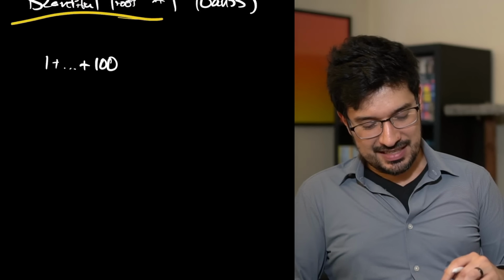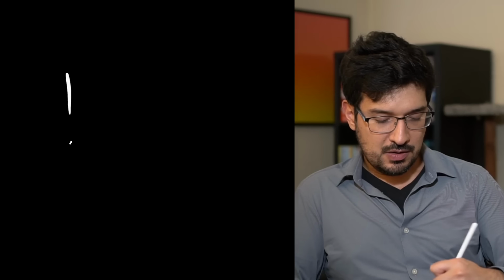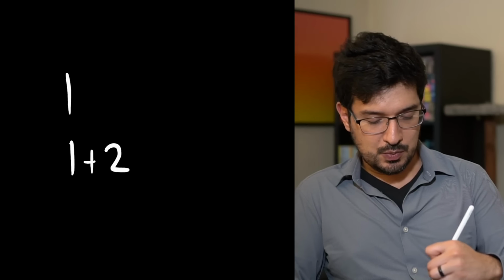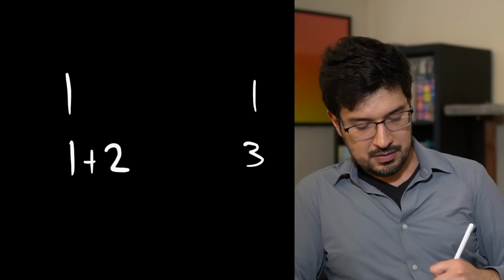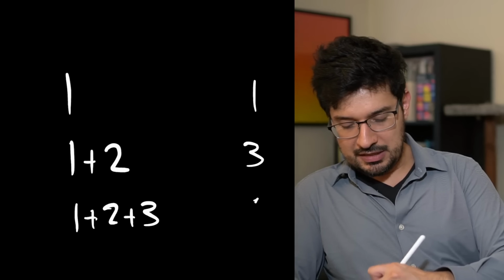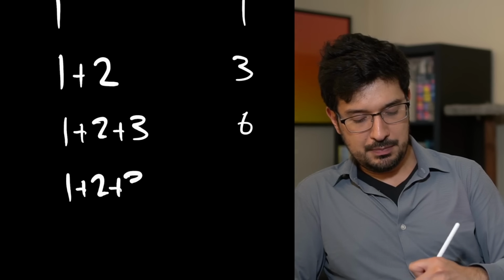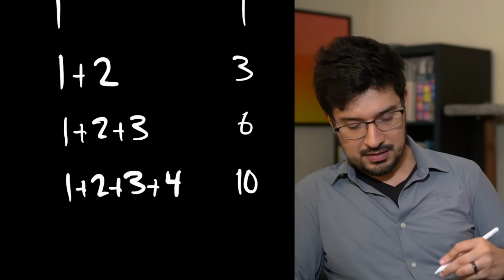Okay? So let's see. What does that mean? The assignment was to add, if you just have the first number, it's just 1. 1 plus 2 is 3. 1 plus 2 plus 3 would be 3 plus 3 is 6. 1 plus 2 plus 3 plus 4 is 6 plus 4.